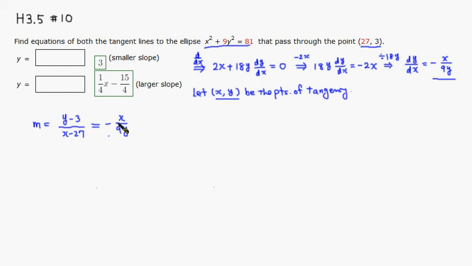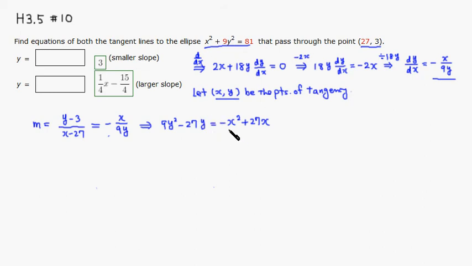Then by cross multiplication, you will get 9y squared, multiplying 9y and y minus 3, so minus 27y, is equal to negative x times x, which is negative x squared, and negative x times negative 27 is positive 27x.